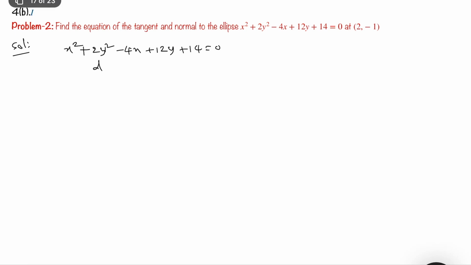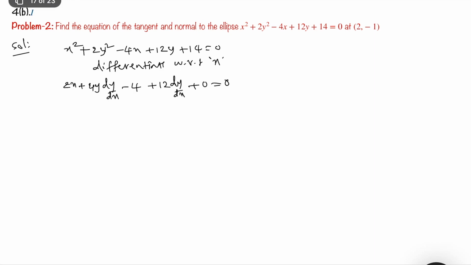Okay. Now differentiate with respect to x. What do you get? 2x plus 4y dy by dx minus 4 plus 12 dy by dx plus 0 equal to 0.